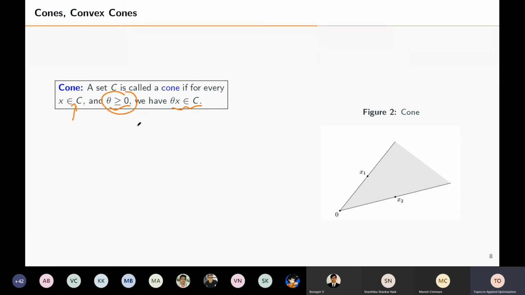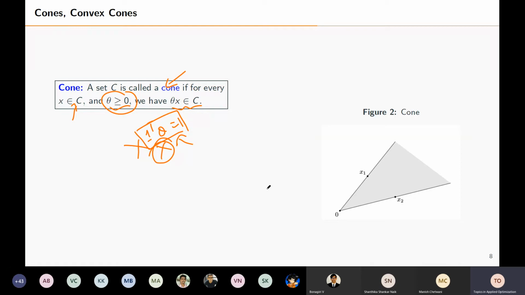The first part we kept, and the other constraint was that 1 transpose theta was 1, that is, the components of theta must sum up to 1. That is something we removed in the case of a cone. If you drop just this part from the convex case, then you get an object called a cone. Now the question is whether a cone will be convex. Since you have dropped this, intuitively you can say that it may not be, and that is the case.